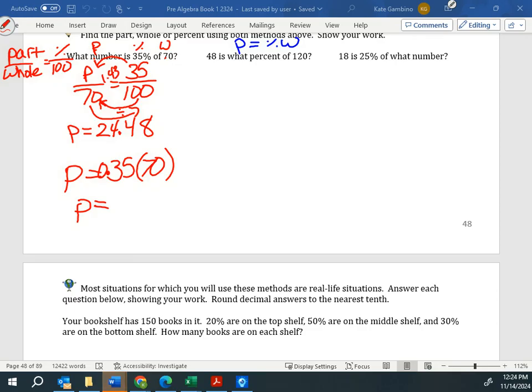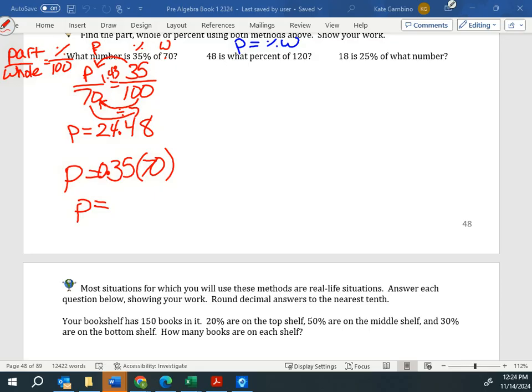So it is 24.5, but it kind of depends what spot we're rounding to. I've been telling us to round to the hundredths place. So what is it if we're rounding to the hundredths place? If we round it to the hundredths place, it would be 24.5. Not probably, it's going to be definite.